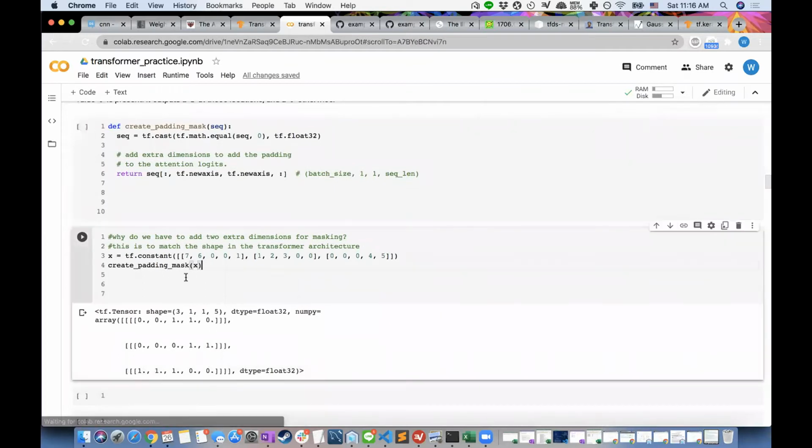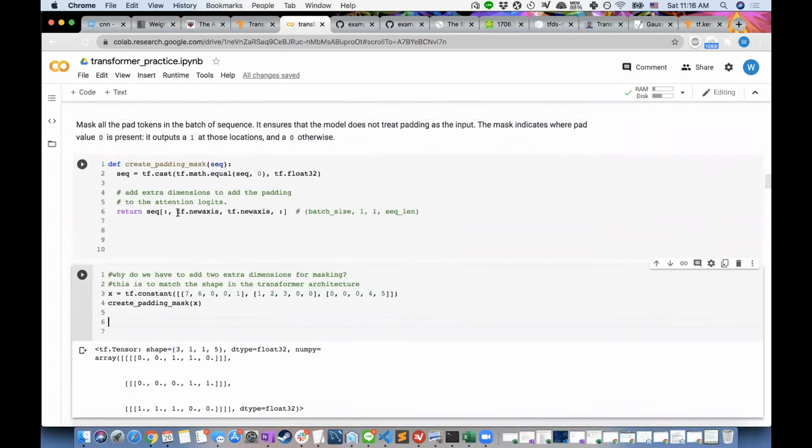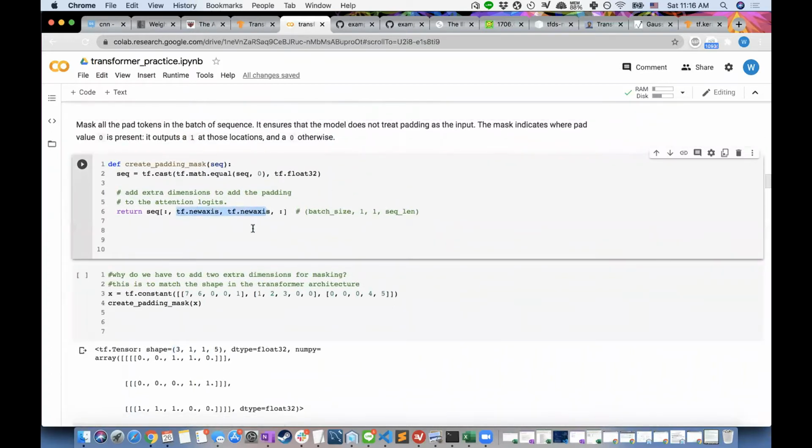If you look at that example quickly, 7.6 gets masked to be 0, 0.0 gets masked to be 1.1, and you want to shape it in the structure that your transformer architecture can use, and it's 4-dimensional. So you add 2 extra dimensions for that, and this is the new axis, right? You're adding extra dimensions to add the padding.